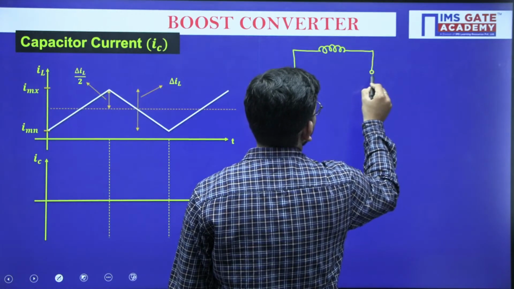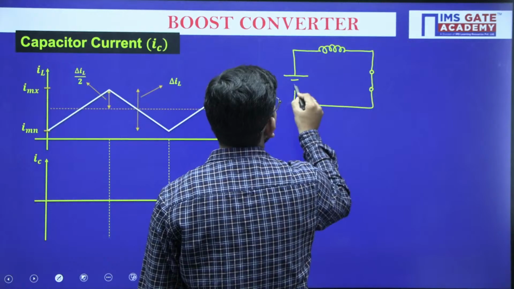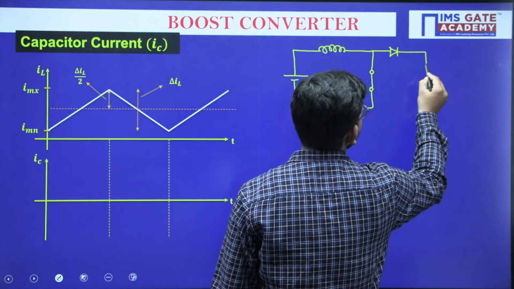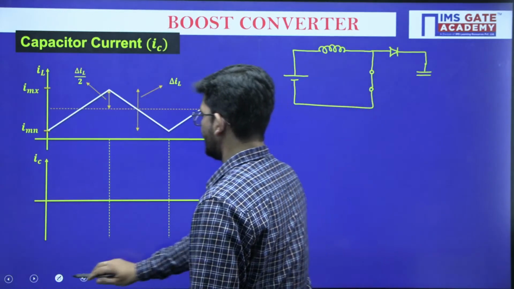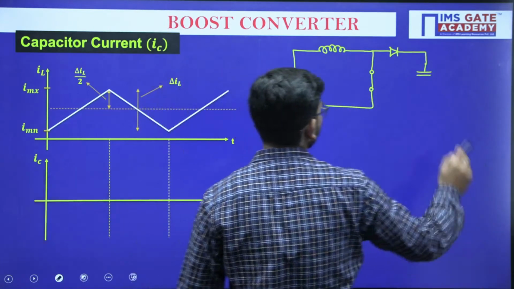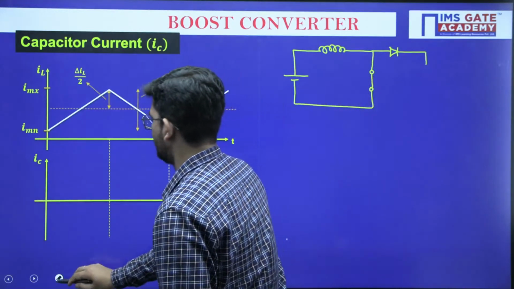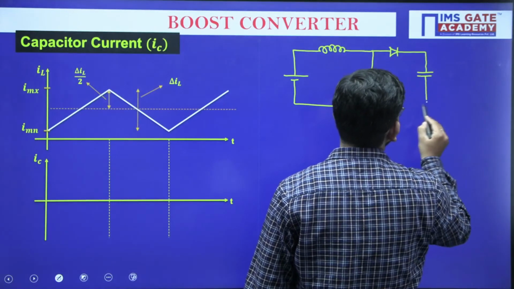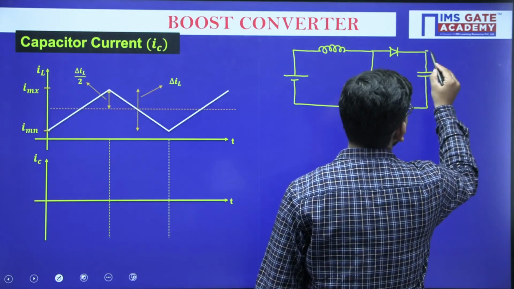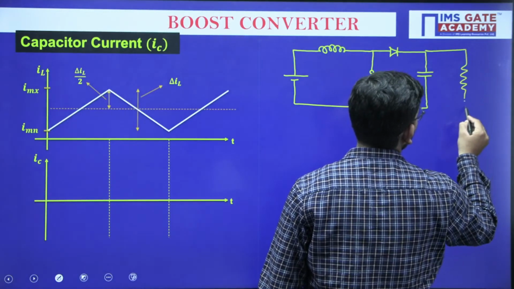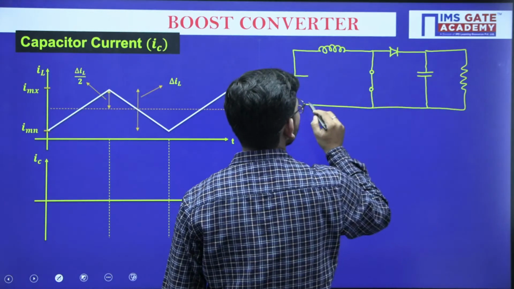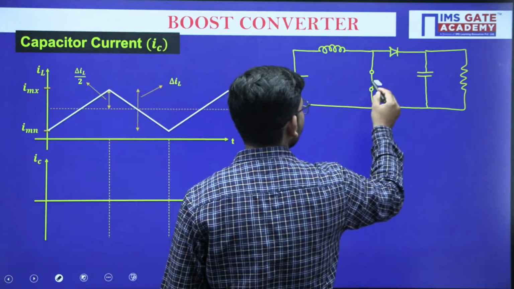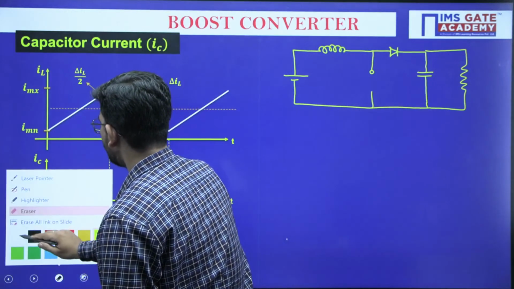Just see the circuit. So this was the circuit that I will be having. Now in this circuit, what are the reference directions of the current? Let it only be the switch, and we will observe what will happen to the circuit.